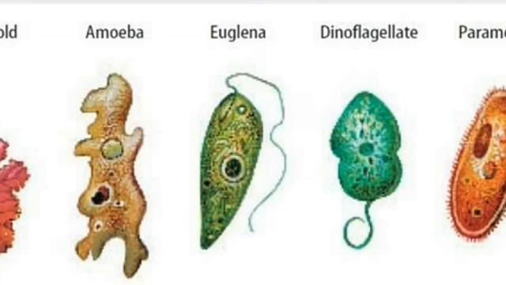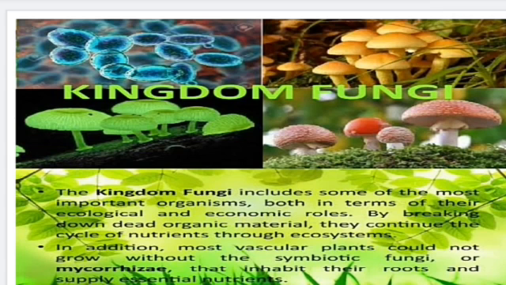Next, let us come to kingdom Fungi. Kingdom Fungi includes some of the most important organisms both in terms of their ecological and economic roles. By breaking down dead organic material, they continue the cycle of nutrients through ecosystems.